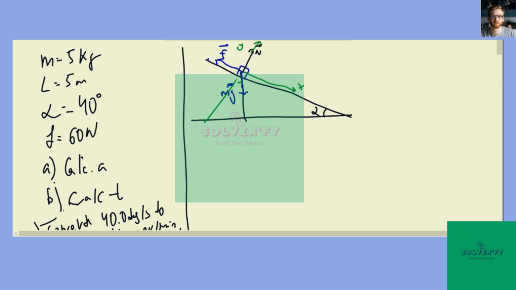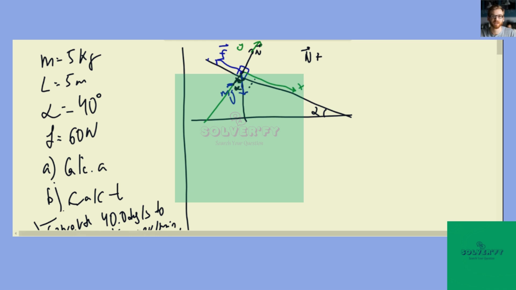So therefore, angle alpha is this one, this guy. So therefore we can find x and y projections of the g vector.